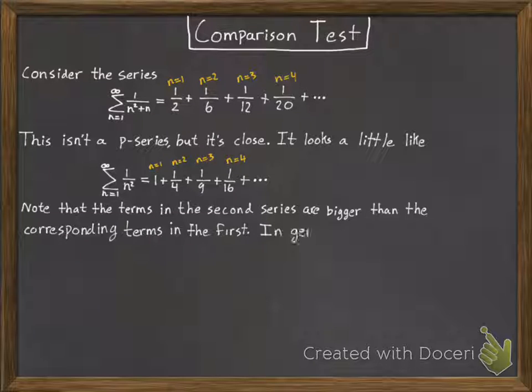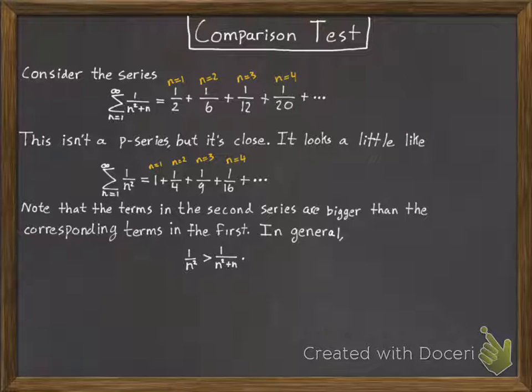In general, it's true that 1 over n squared is greater than 1 over n squared plus n.